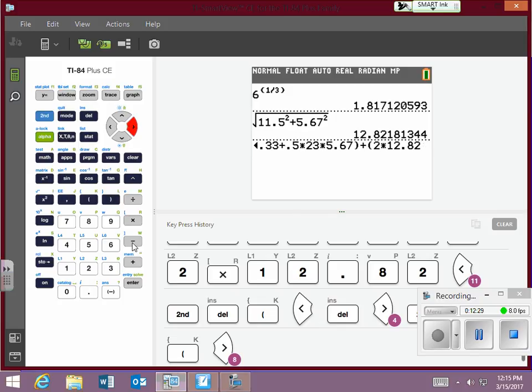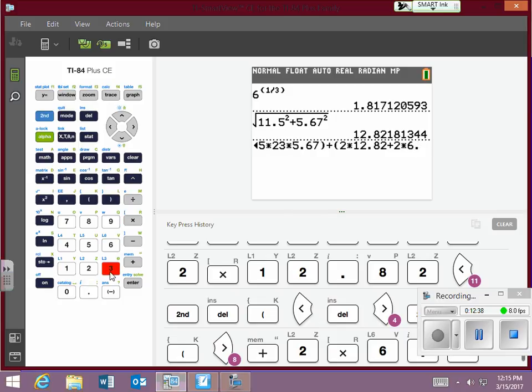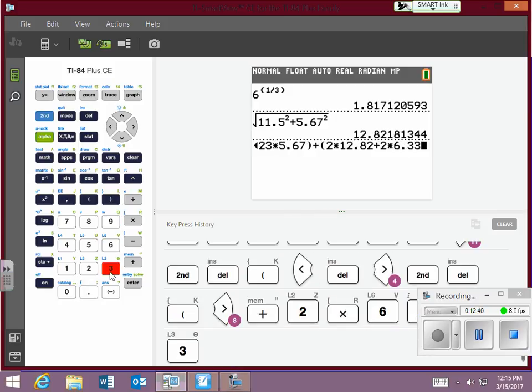And it's plus, and it was 2 times that other, right? 2 times the 6.33, and I closed the bracket. That got me the part of the circumference I wanted.